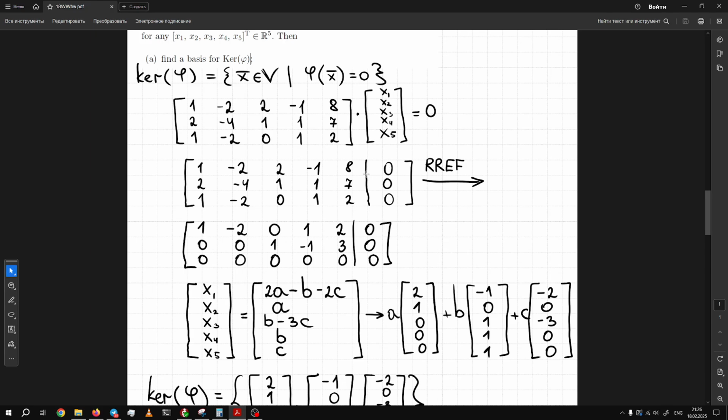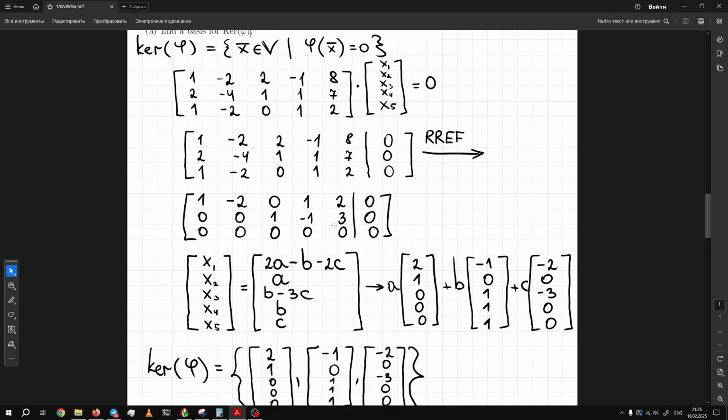It's just linear equations, a system of linear equations. So yeah, we are going to apply reduced row echelon form to find all x's.